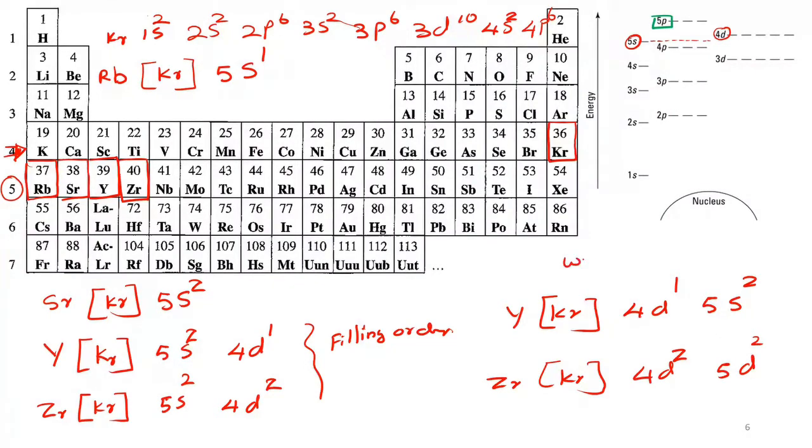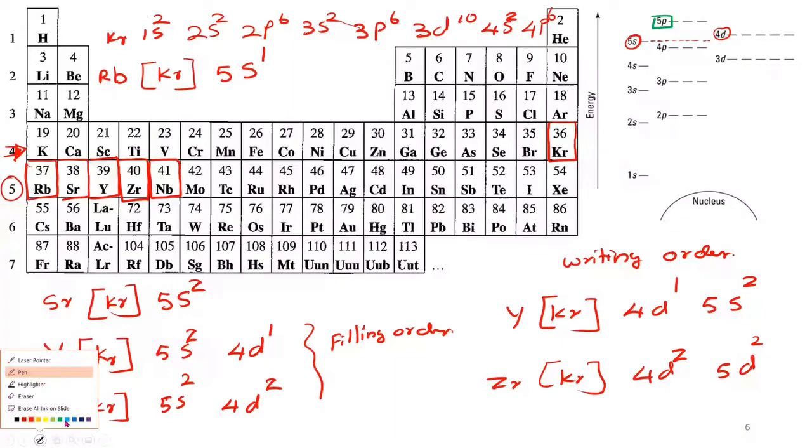This is our writing order. All right. Next element is niobium. If you're thinking of the same filling order, we would expect an electron configuration like this for niobium.